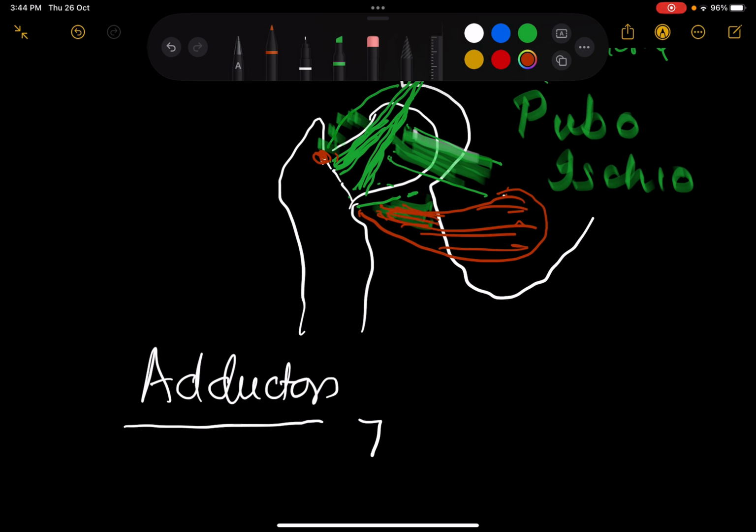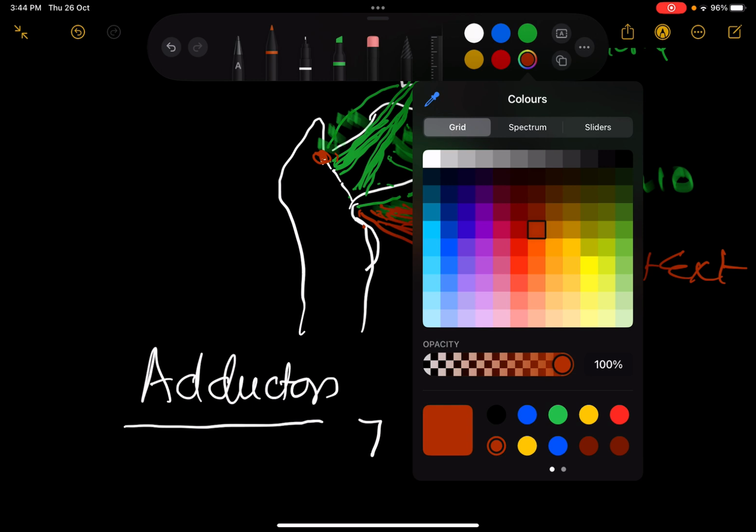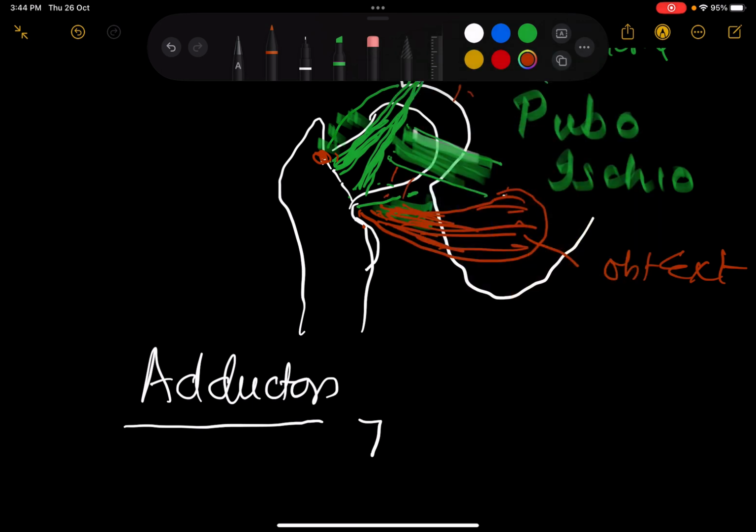So it's parallel to the ischiofemoral ligament, and this is the obturator externus, which is sandwiched between a muscle attached to the lesser trochanter. Here is the lesser trochanter, and here is the muscle that is attached. Here is the pectineus.